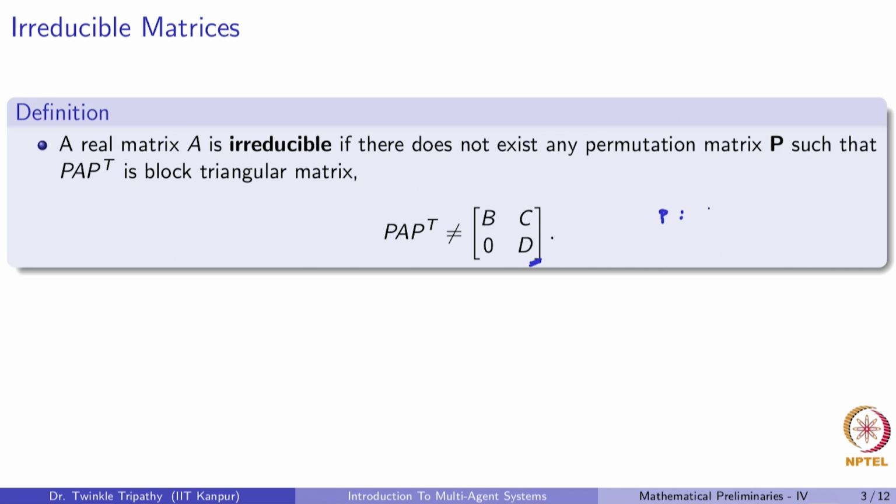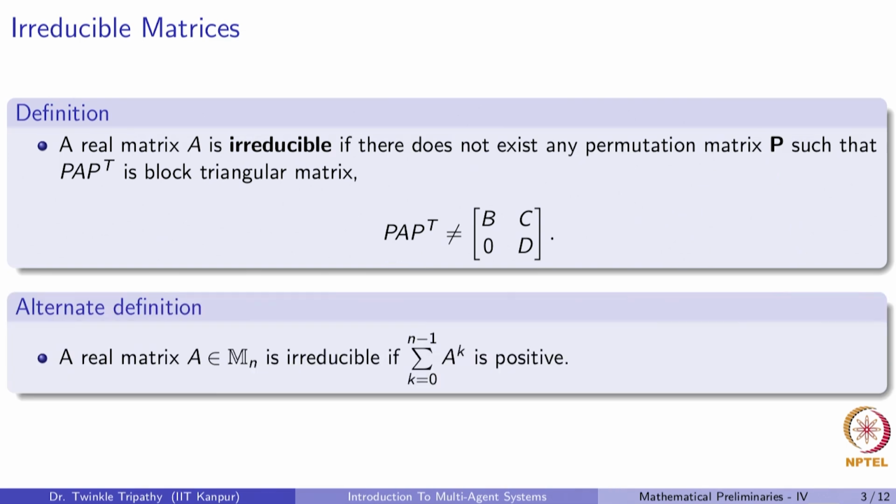P is a permutation matrix which is constructed by simply shuffling the rows of the identity matrix. Whichever way we shuffle it, there are n! such permutation matrices that one can construct, and for each of them, this operation should not give a block triangular matrix. Then it is known as an irreducible matrix.